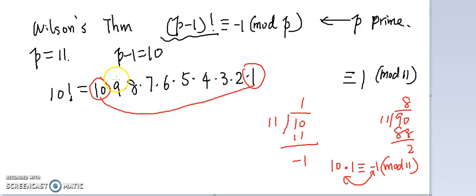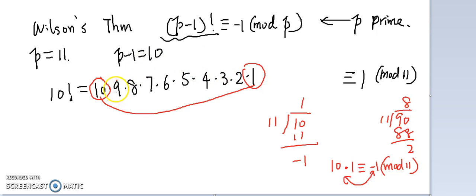So let's try 9. If we do 9 times 8, that's 72, and divided by 11 we won't get remainder 1. And 9 times 7, 63, doesn't work. 9 times 6, 54, that doesn't work. 9 times 5, 45, doesn't work. And 3 times 6, 36, doesn't work.